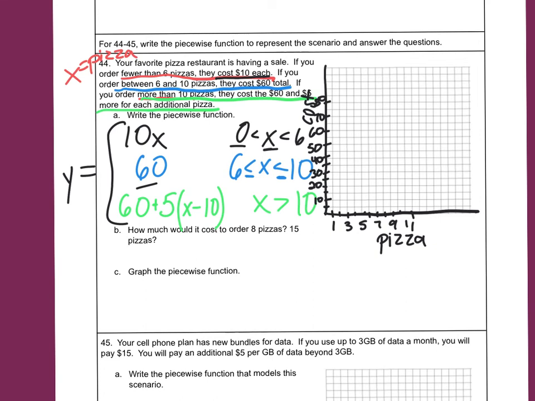Okay, so the first one is y equals 10x when x is between 0 and 6. Okay, so 10x, 0 is going to just be that intercept, right? And then my slope is going to be 10, so up 10 over 1. Here, let's do a different color. So my intercept here, up 10 over 1, up 10 over 1, up 10 over 1.